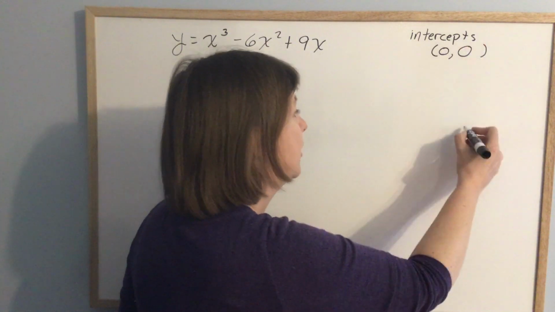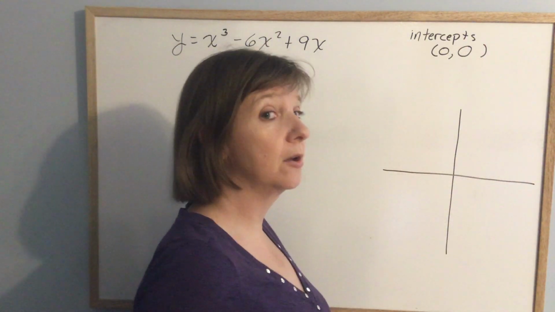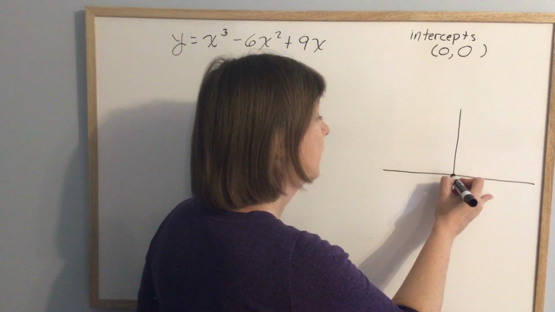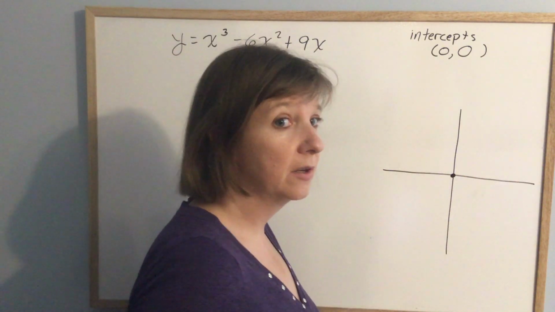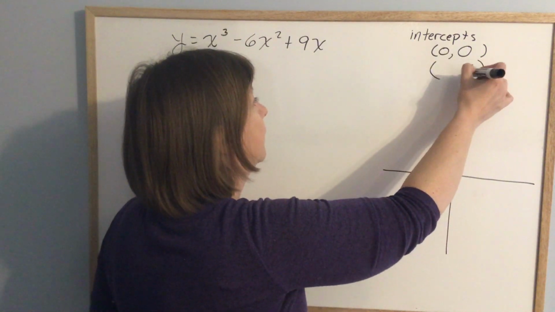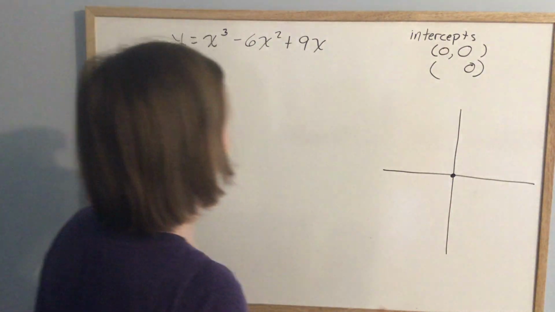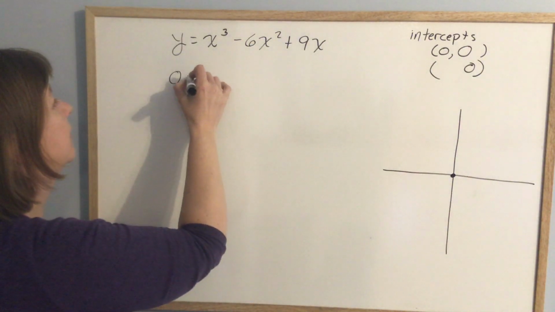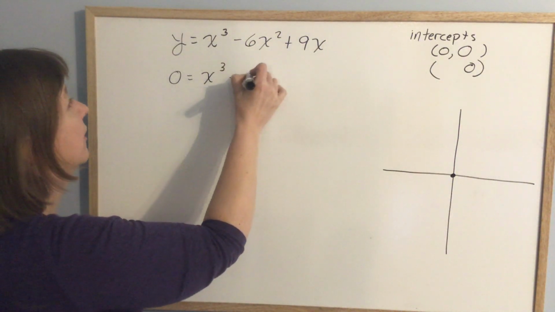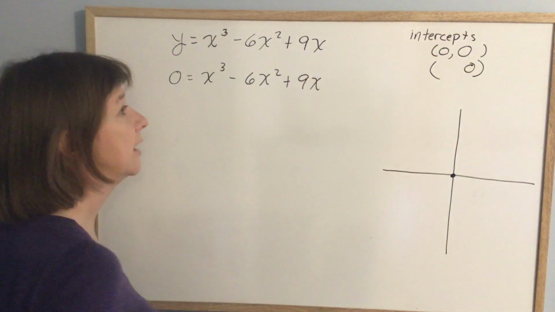So I have an intercept at (0, 0). When I'm framing my curve, I already know that's a point. Now the one that's generally harder to figure out is what if I make y 0? Those are my x-intercepts. If I make y 0, I have x cubed minus 6x squared plus 9x.